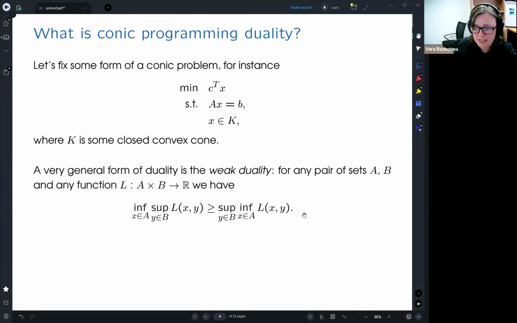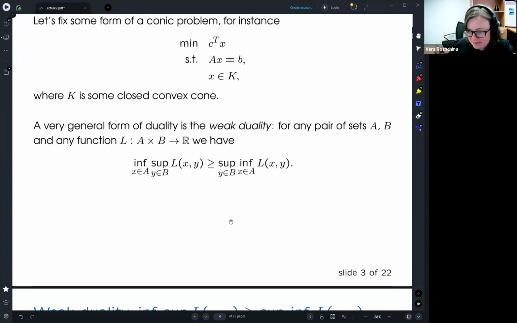There are all sorts of things like minimax theorems and various developments to get equality in this duality relation. But let's get the dual conic problem just from this very basic thing that doesn't assume or require anything. You can obtain duality for pretty much anything using this trick.